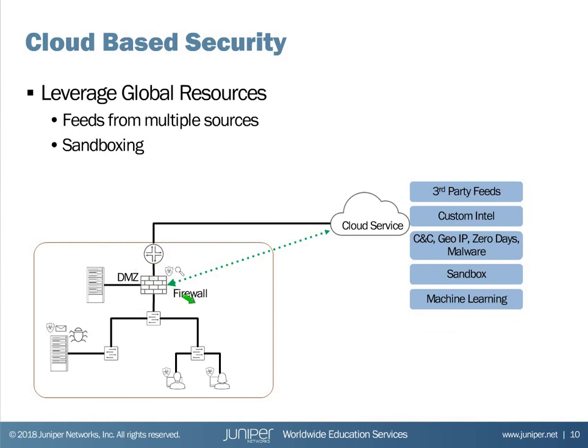And so what people have been doing a lot lately is leveraging external intelligence. There are vendors out there, one of them being Juniper Networks, who maintain in the cloud large databases of known threats, threat behavior, malware behavior, and they sell this knowledge to customers.